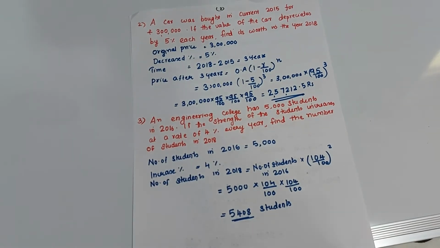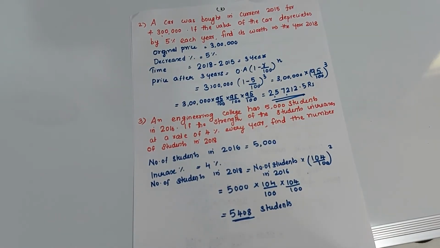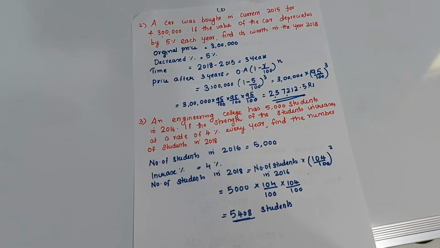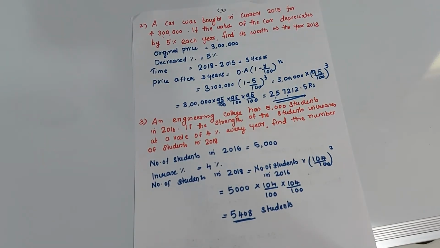Our next question is, a car was bought in 2015 for rupees 3 lakh. If the value of the car depreciates by 5% each year, find its worth in the year 2018. So in the current year, it is 2015, the price is 3 lakh. And the value of the car depreciates, that means it decreases by 5% each year. Find its worth in the year 2018.